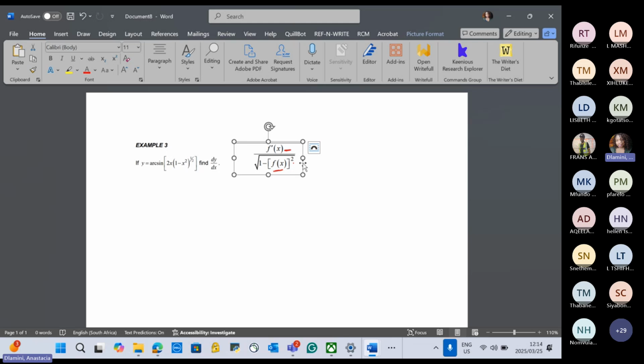Who tried this example in 44? Should I give you this as homework? Yes, you can. I'll give you this one as homework.